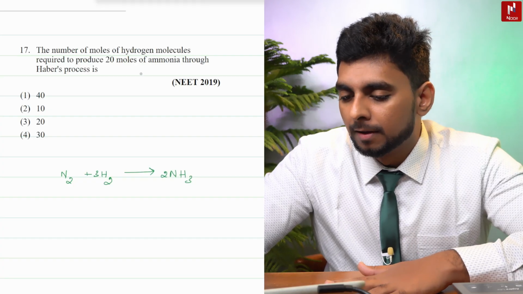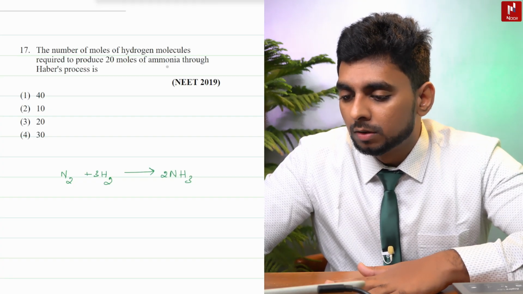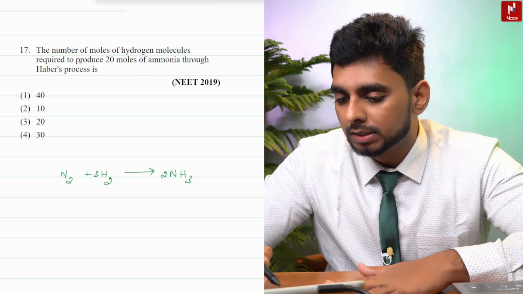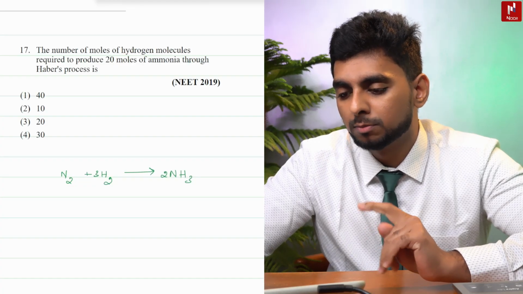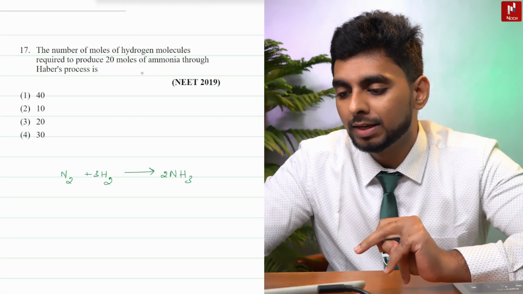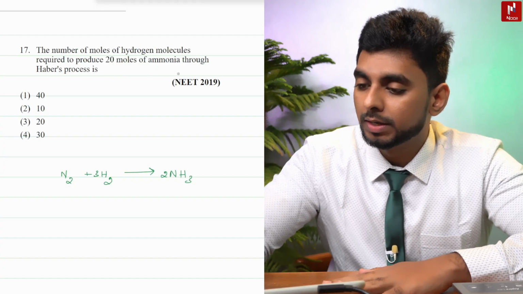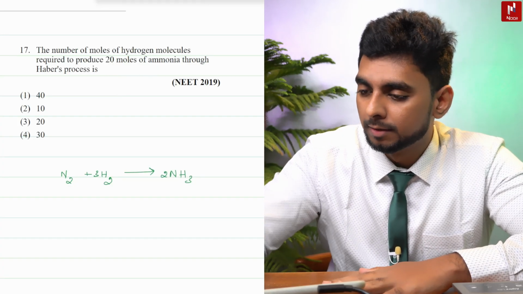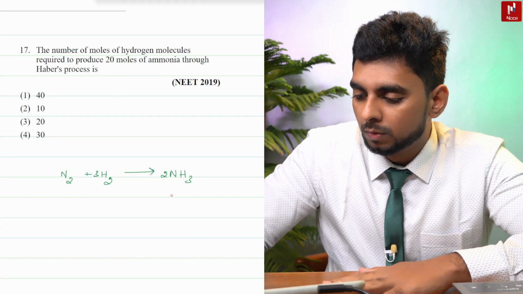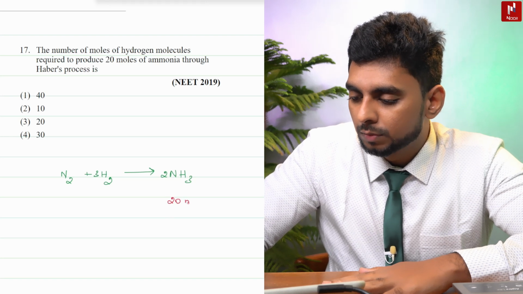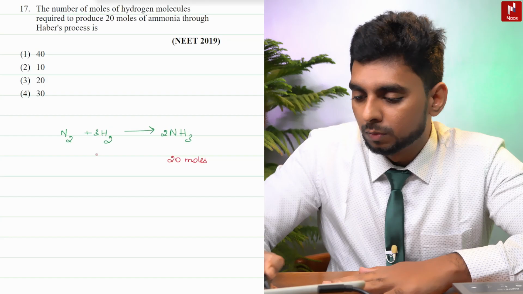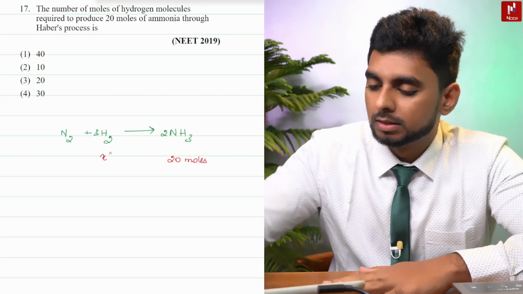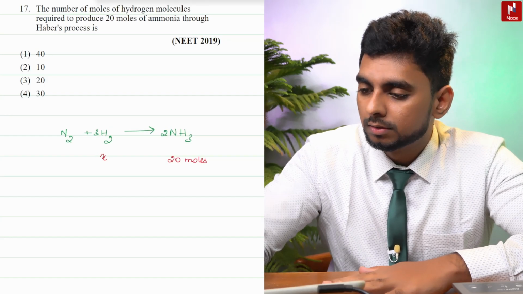Fine. So what I need to find is the number of moles of hydrogen molecules required to produce 20 moles of ammonia. So here the product will be 20 moles, and this should be the X, isn't it?